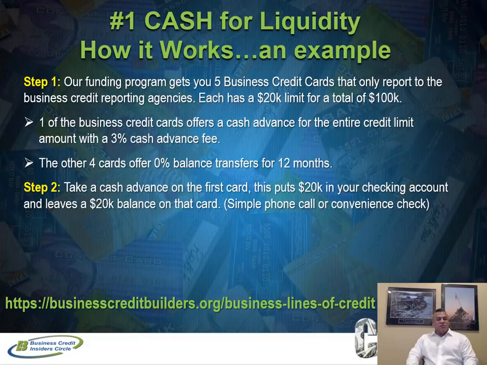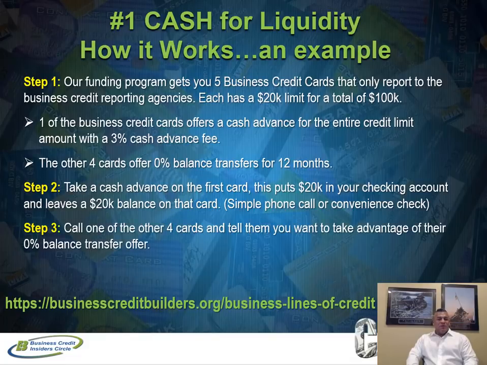So step number 2, you take a cash advance on the first card, the one that allows you to pull 100% of the limit. So let's say you take $20,000, it gets deposited in your checking account, and now you have a $20,000 balance on card number 1. That's very simple to do. Now, one of the other 4 business credit cards, each with $20,000 available credit, you call and ask to do the balance transfer.